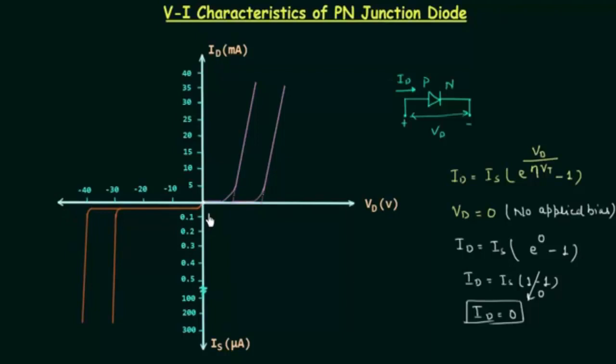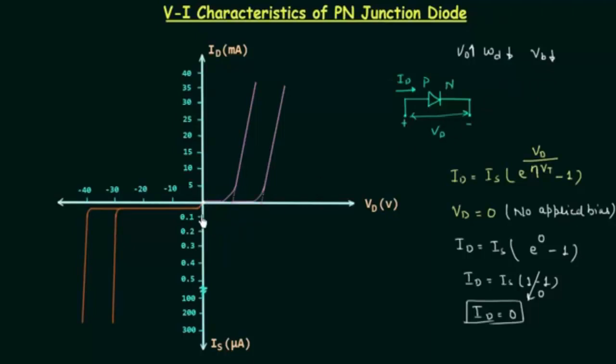Now we will increase VD in positive direction, not in negative direction, and we can say that diode is forward biased, and on increasing VD, width of depletion layer decreases, and also barrier potential decreases, but still diode current is equal to 0 because the barrier potential is strong enough to prevent electrons crossing the junction.